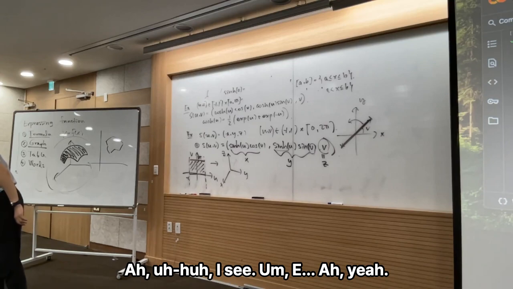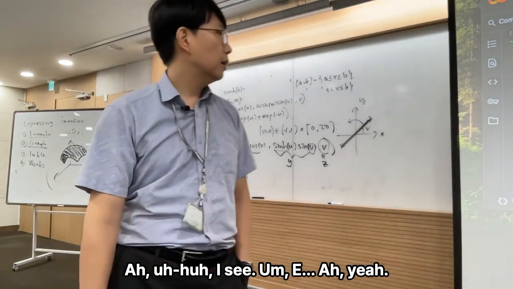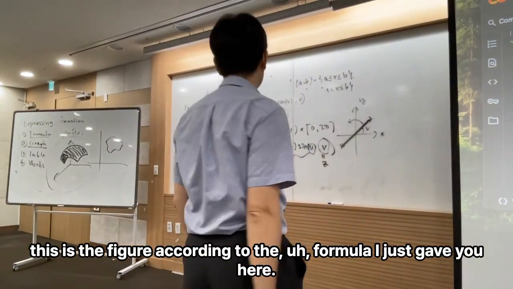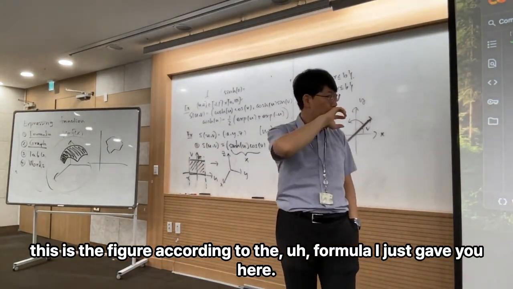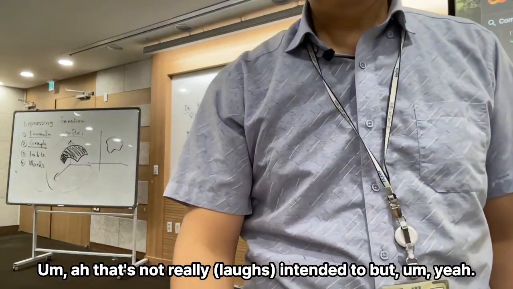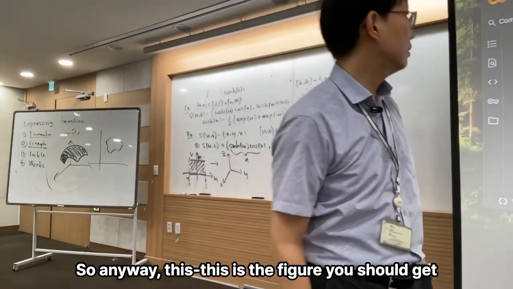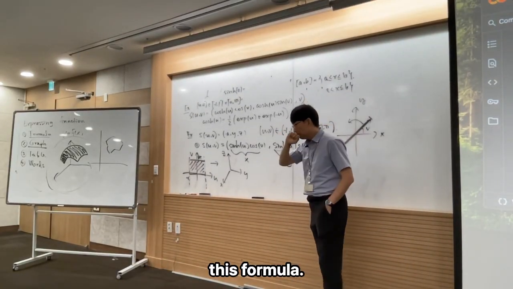I see. Yeah, but this is the figure according to the formula that I just gave you here. That's not really what I intended, but anyway, this is the figure you should get when you type in this formula.